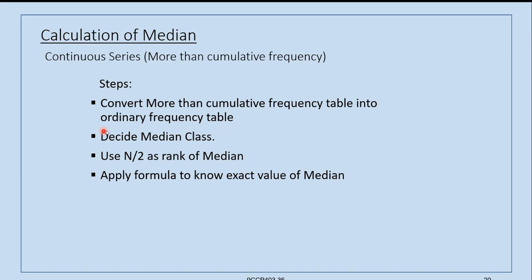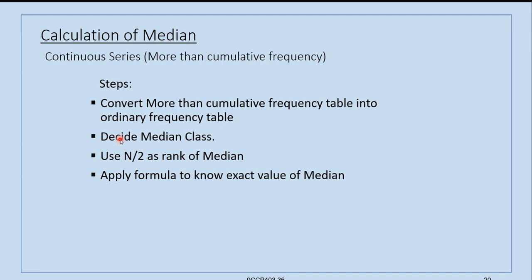Then we will decide the median class by taking n by 2. N is the cumulative frequency, total of the frequencies, divided by 2, n by 2. So n by 2 rank of median we will identify in the class interval, and that is the median class, and then apply the formula to know the exact value of median.